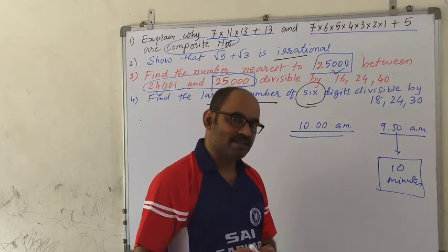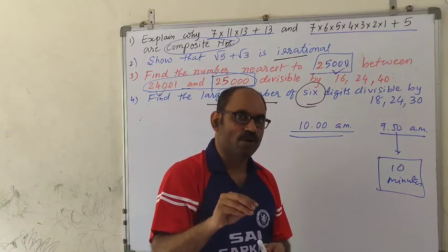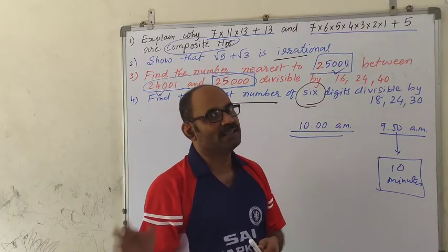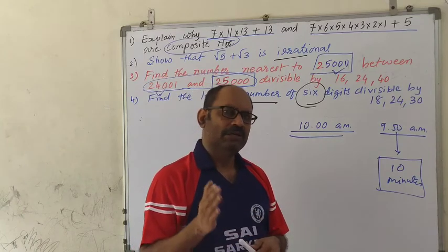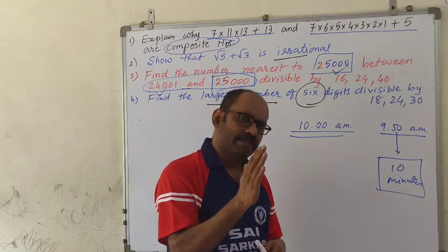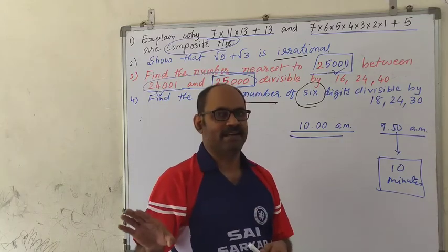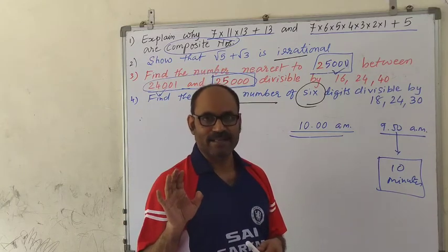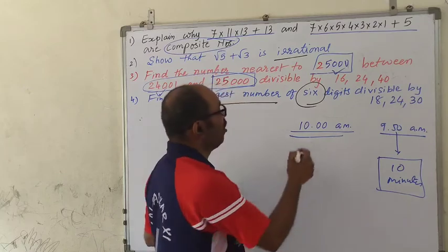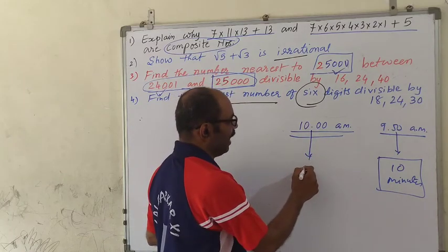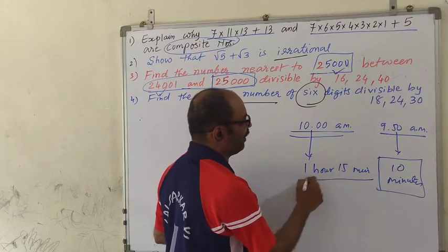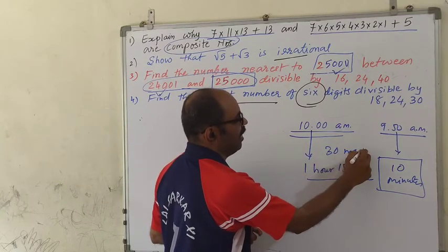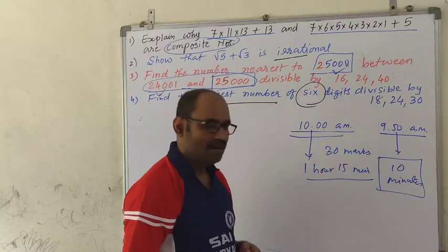Some children have asked me whether to write the test in a notebook or on paper, supplementary pages. I think you do one thing. Make one separate test book and write in that book, okay? At 10 o'clock you start. The time is 1 hour and 15 minutes. It is a 30 marks test, as you have seen in the style of the paper, right?